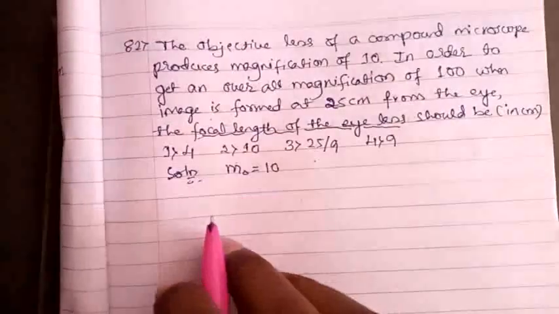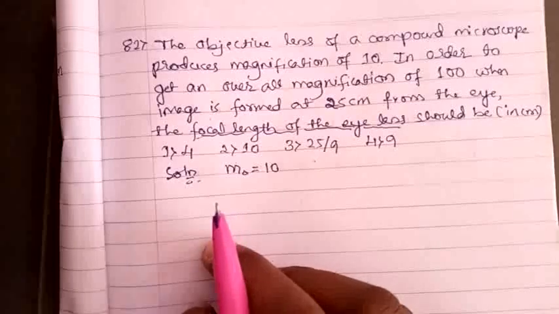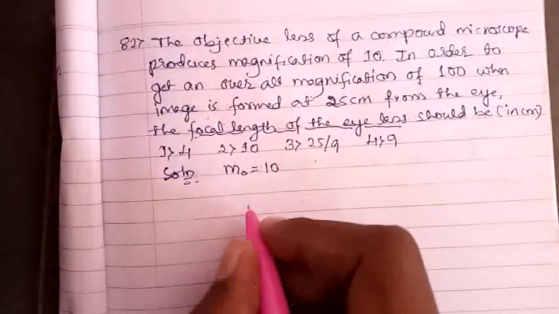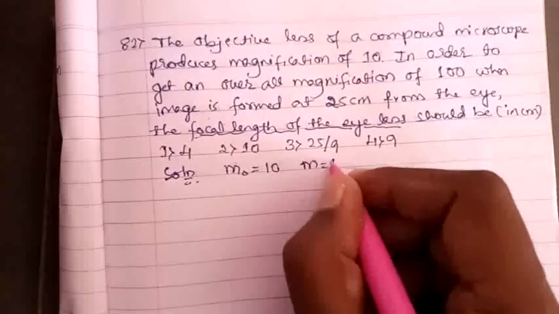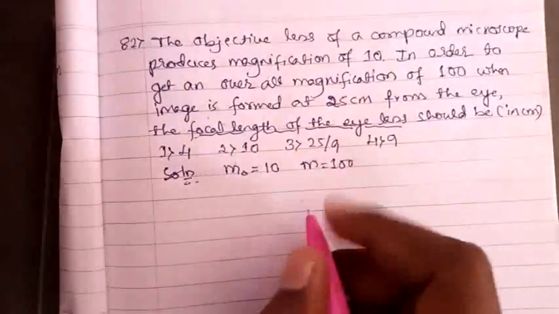What is the formula to find the magnification produced by a compound microscope? The total magnification produced by the compound microscope is 100, the overall magnification.